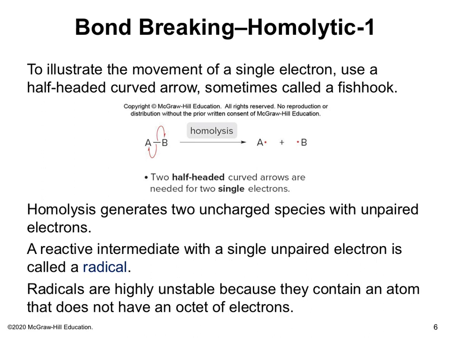In homolytic cleavage, you have these half arrows because you have 2 electrons in this bond, and these half arrows mean 1 electron is going to the A and 1 electron is going to the B. And these are going to be uncharged. But like I said, this is free radical chemistry, and we're not doing that in organic 1.